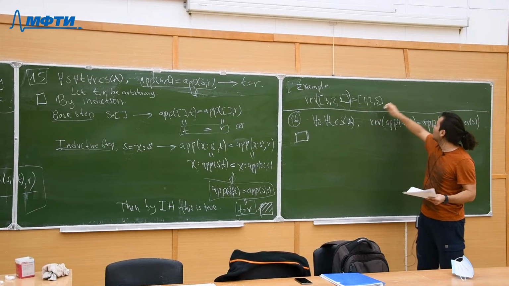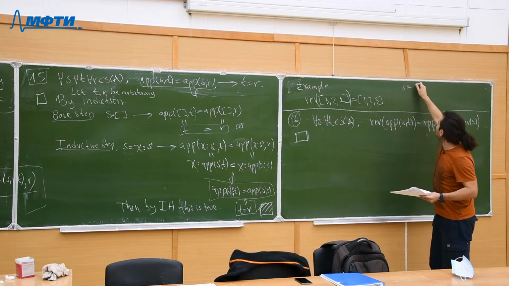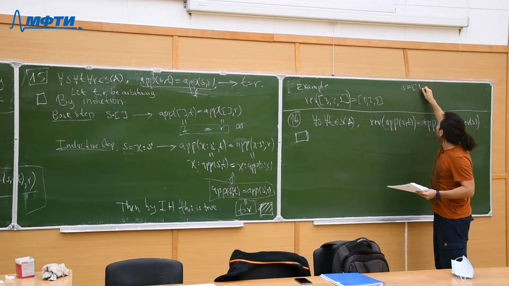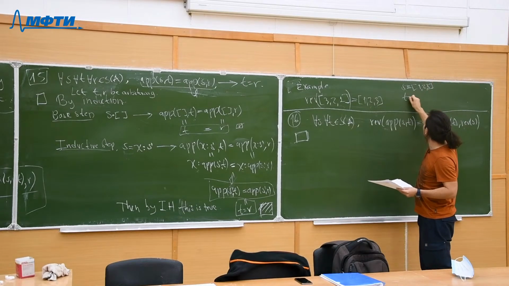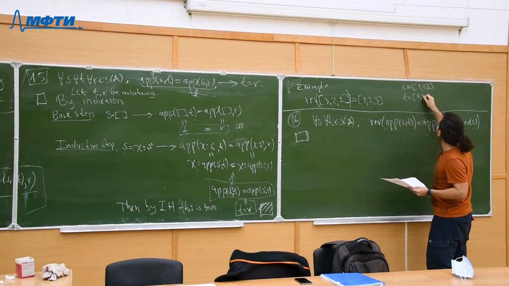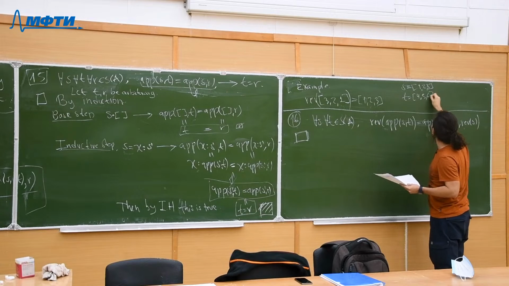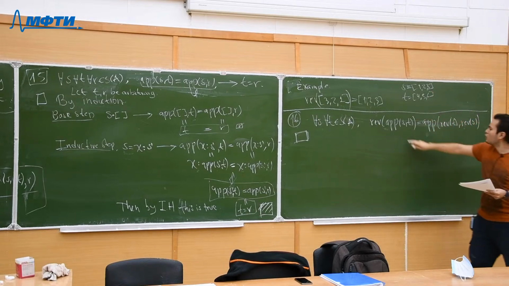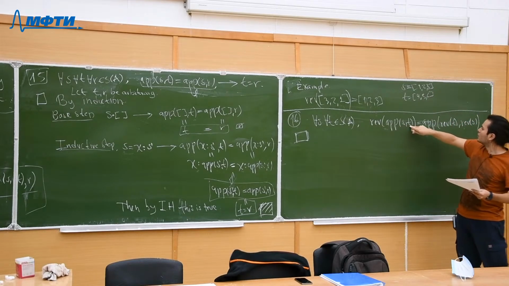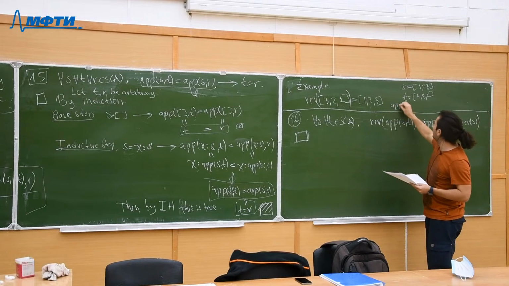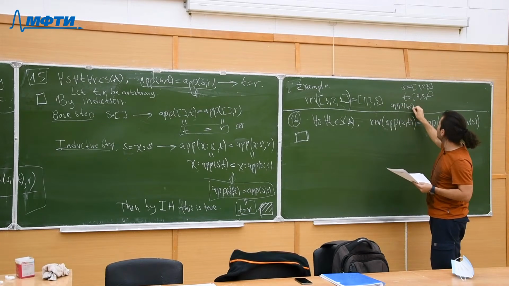Let's take S to be 1, 2, 3, and let T be 4, 5, and 6, right? So what is going to be the app of S and T?